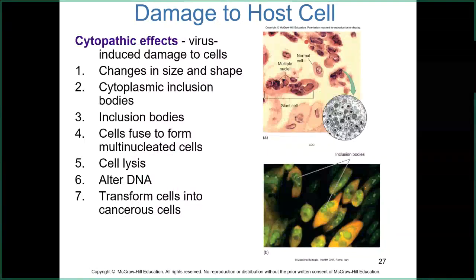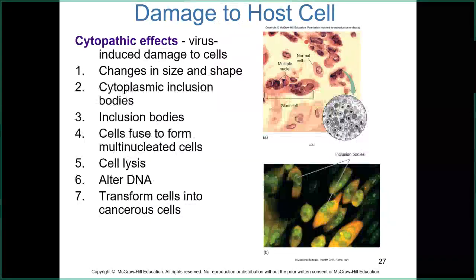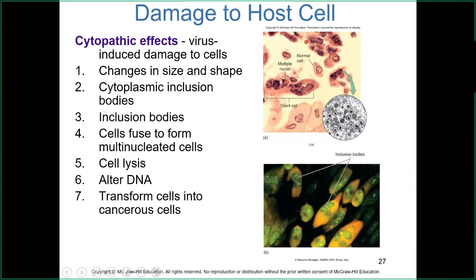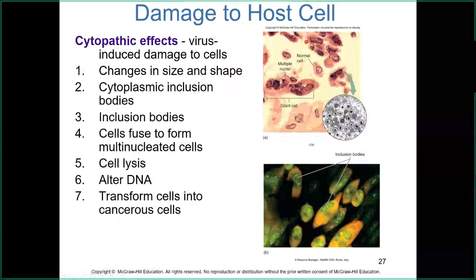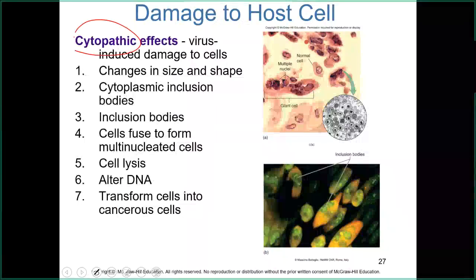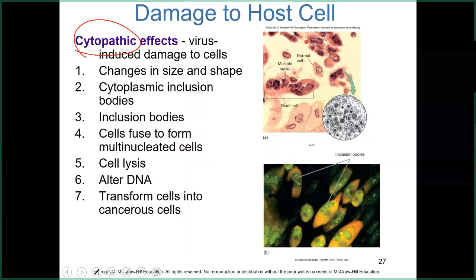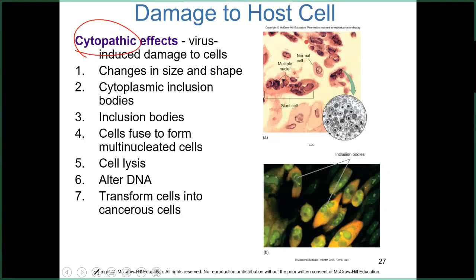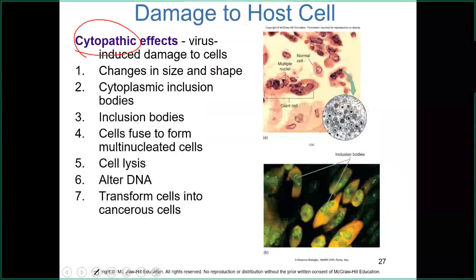If you were a pathologist charged with diagnosing a viral illness, you might look for these so-called cytopathic effects. Cyto means cell. Pathic refers to pathology, disease states. And so cytopathic effects are visual evidences of viral infection.